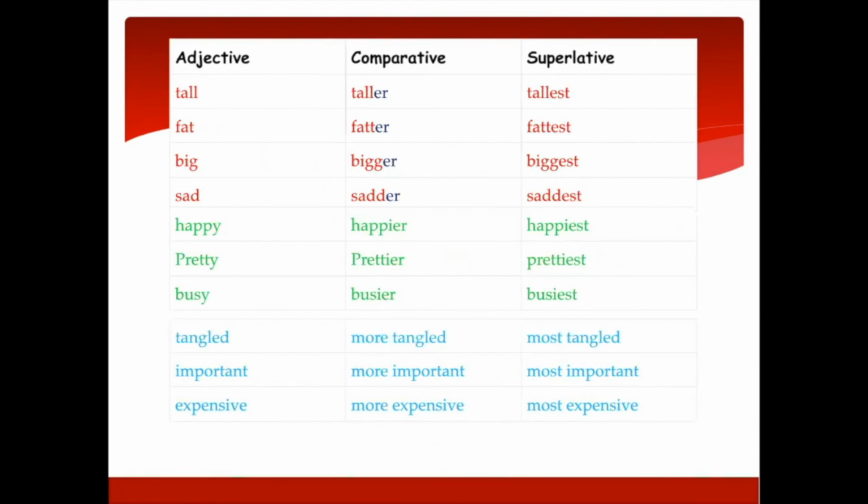Here are some examples of positive, comparative, and superlative adjectives. In red, we can see the short words, and we can create the comparative by adding ER, and we can create the superlative by adding EST.